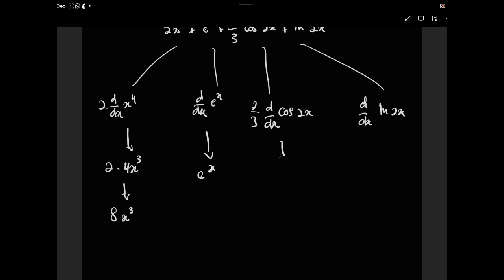For this one we get 2 over 3 times cos 2x, so we get negative 2 sine 2x, which will give us negative 4 over 3 sine 2x.